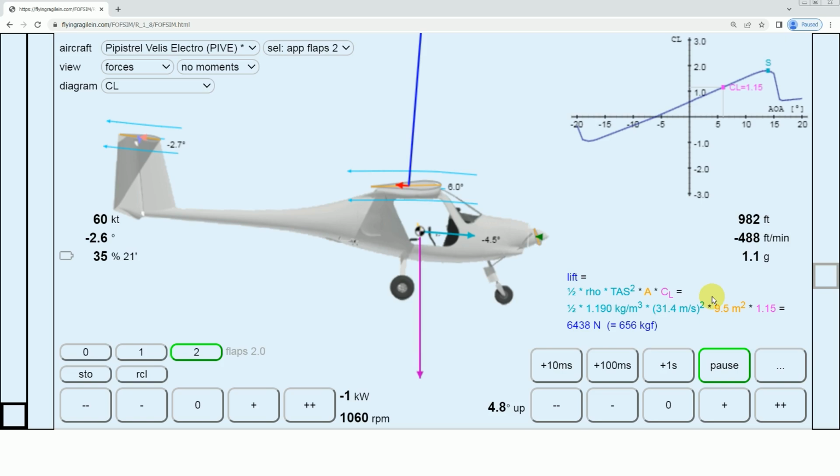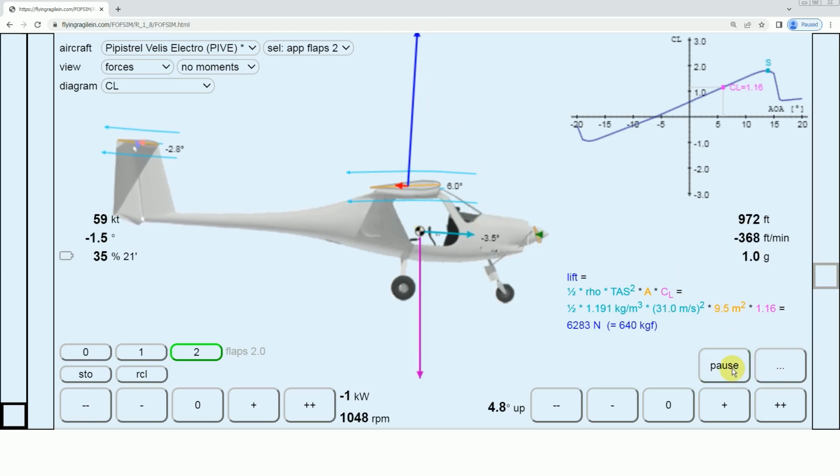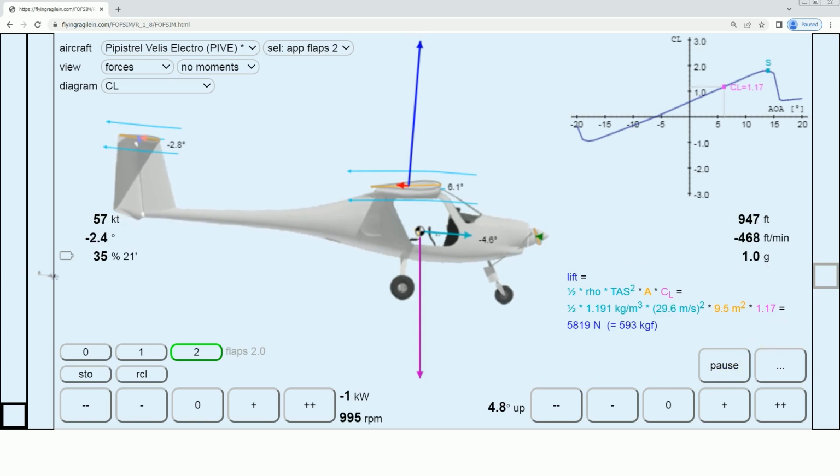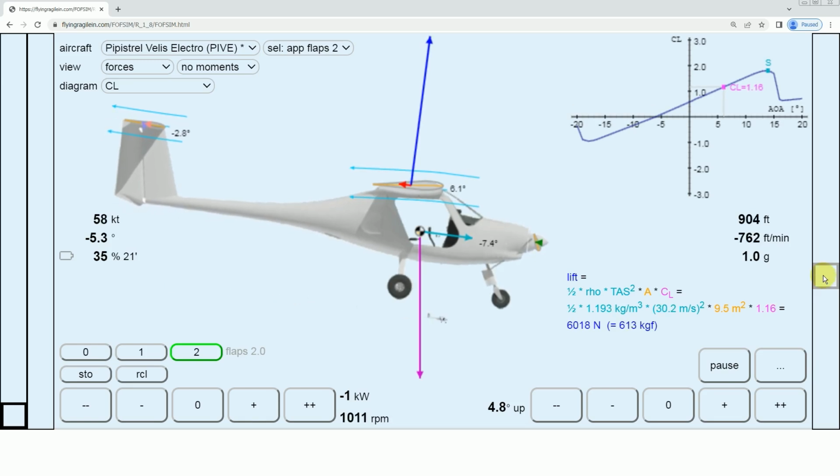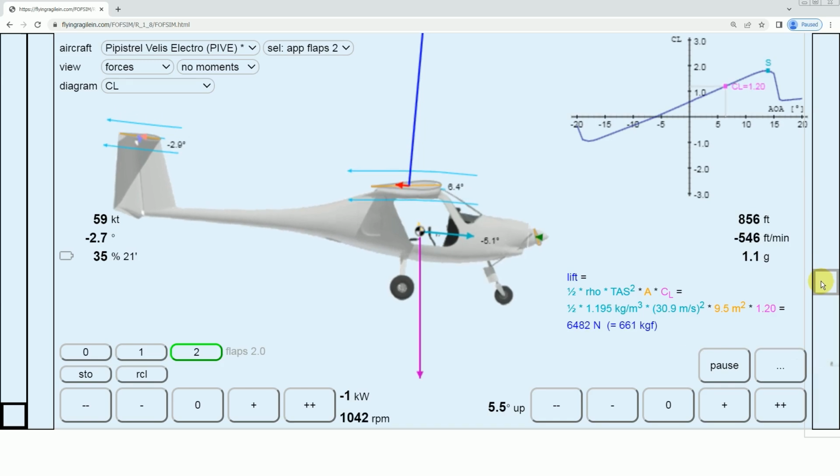That's because at first you are too fast for the increased CL, and the surplus lift causes the aircraft to pitch up. But then airspeed decreases and the aircraft pitches down to overcome the increased drag. This might cause you to pull even more.